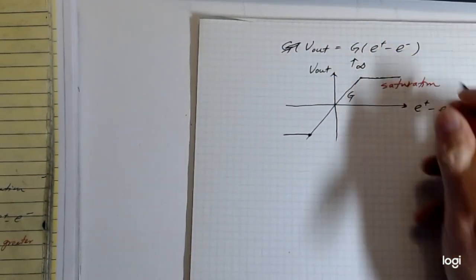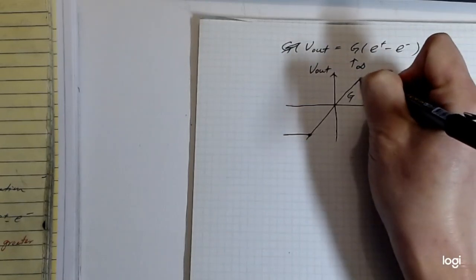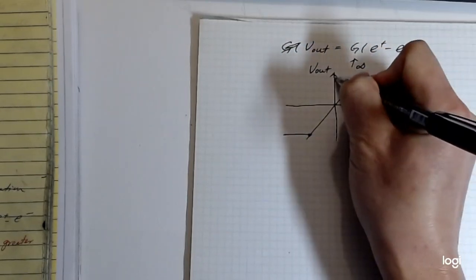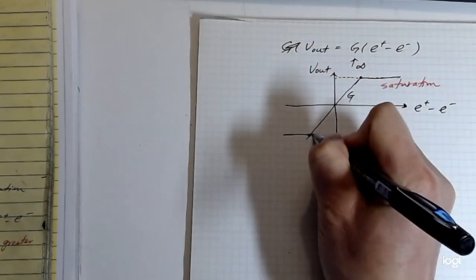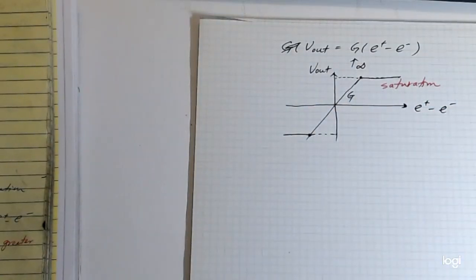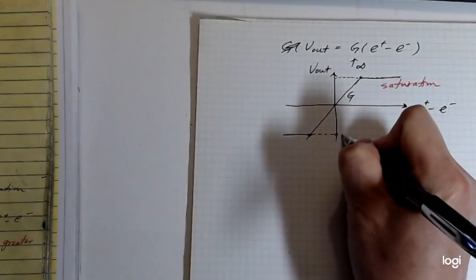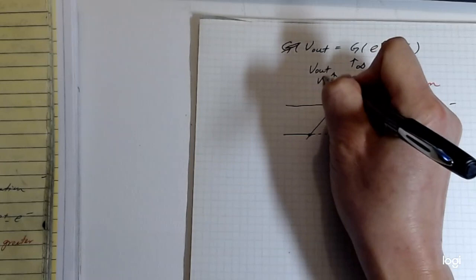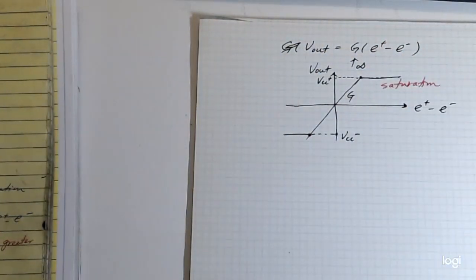In other words, this value is limited to the supply power to activate the op-amp, which is VCC negative, VCC positive.